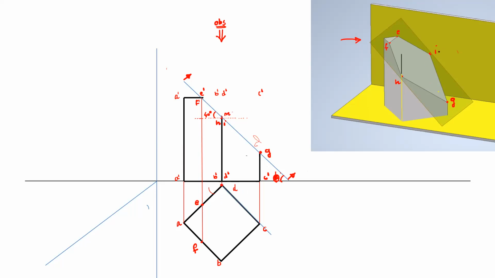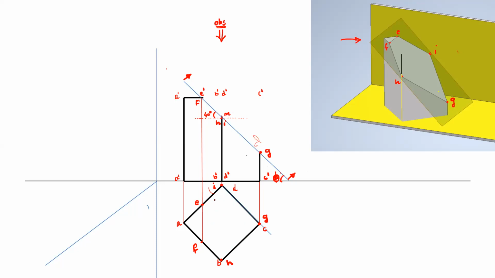Point I will coincide with point D. So this is the point I, and here we will get point H, and point G is just above the point C. So this portion, which is E, I, G, H, and F, is the top view of the section.